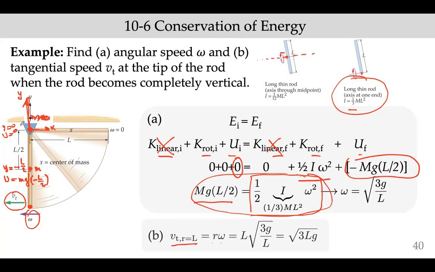This is the axis of rotation, and the point that we're interested in is this tip point. So the whole distance is L. So it will be L times omega, which we calculated here. You can think of this L as square root of L squared, and you end up with the square root of 3Lg.